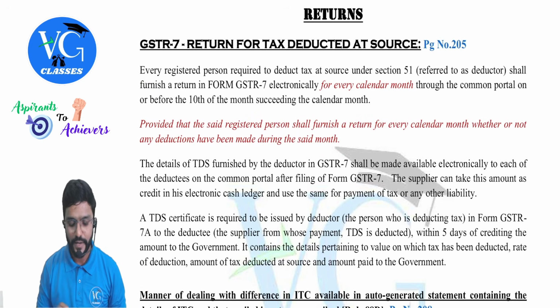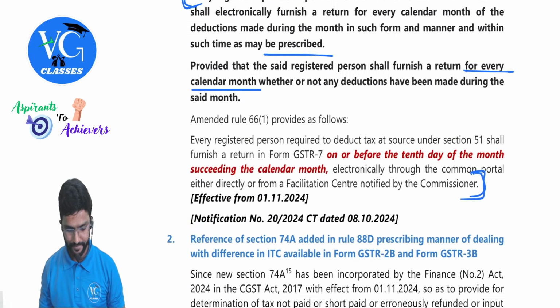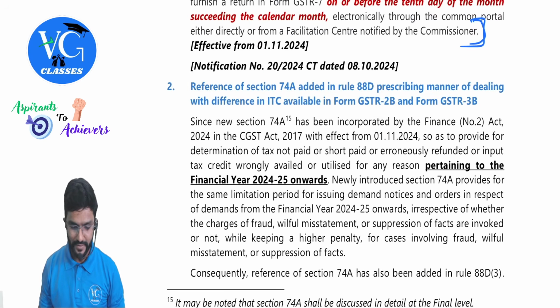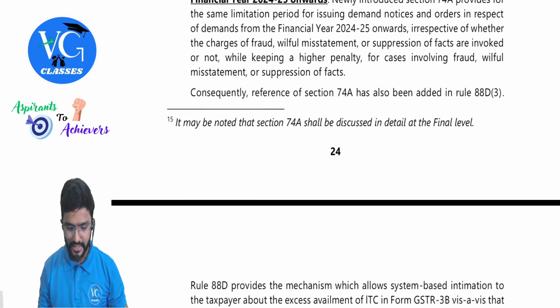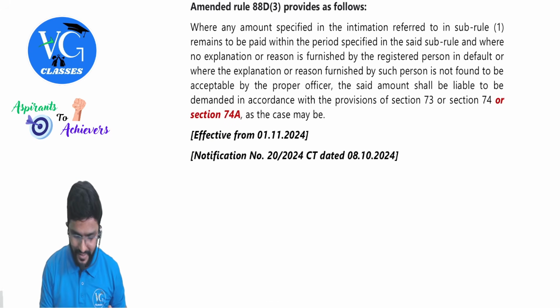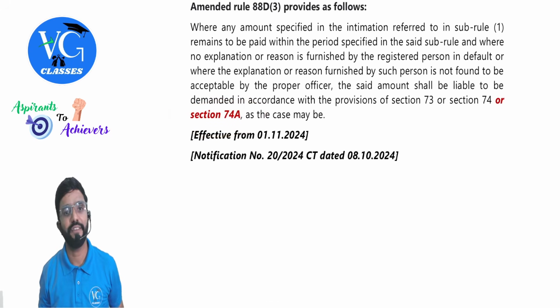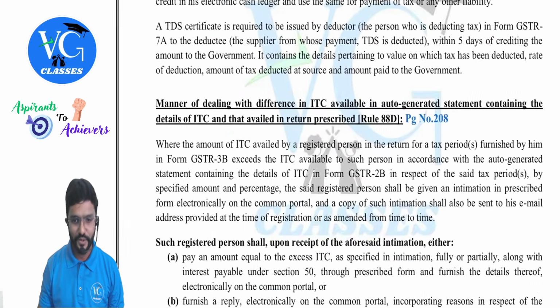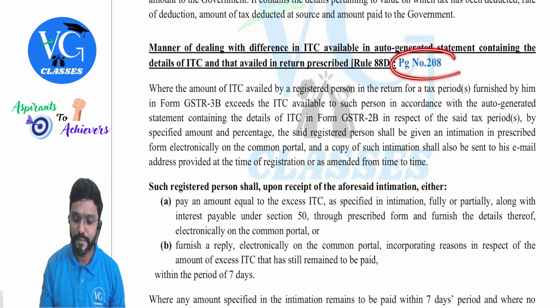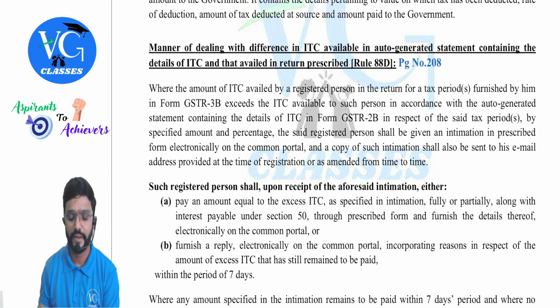Next, there is also an amendment in rule 88B, 88D. Guys, the new section they have added is 74A. Very easy, sir. So you can come to page number 208, where we have covered rule 88D.